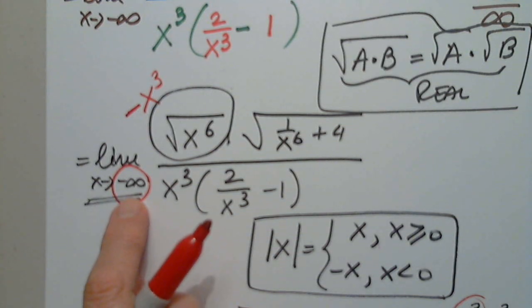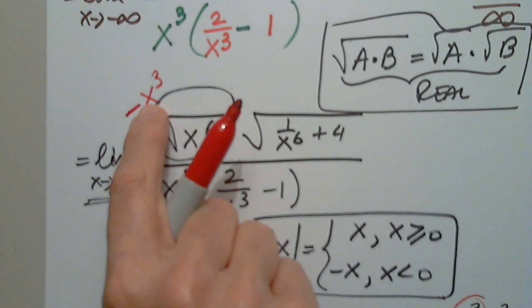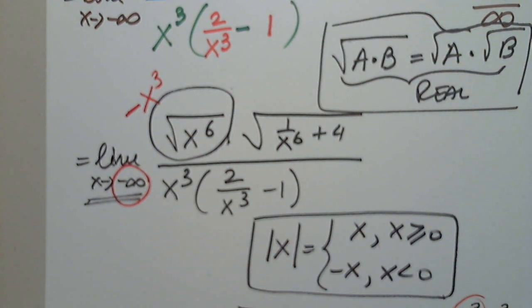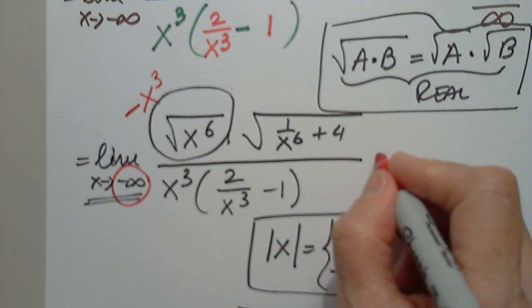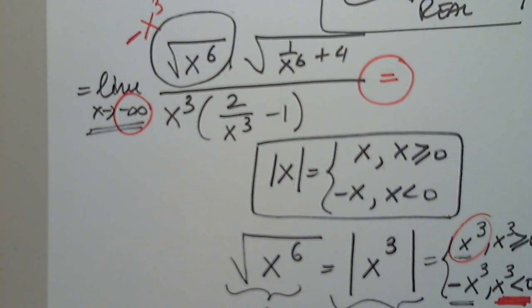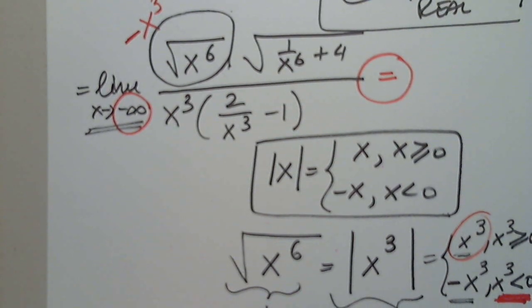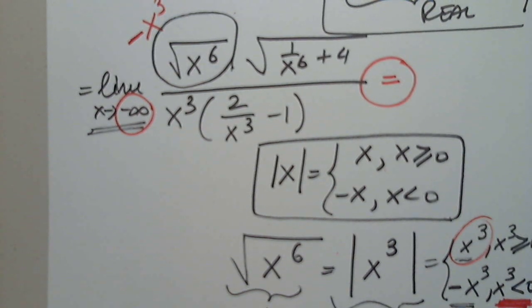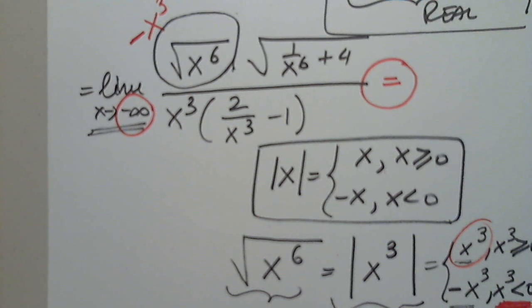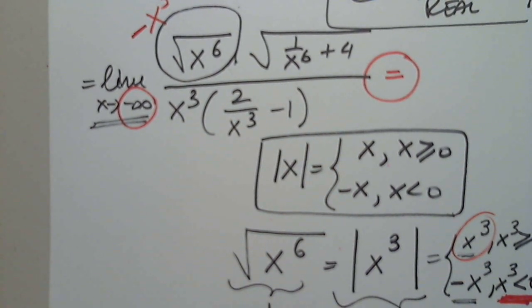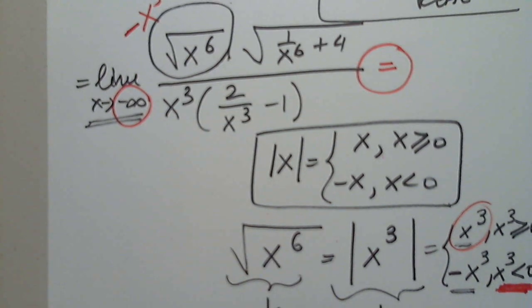But because x approaches negative infinity, a negative in front will guarantee a positive number here. So this means jump over all this and continue here. So this is limit as x approaches negative infinity, negative x to the third, the square root of 1 over x to the sixth plus 4, everything over x cubed, 2 over x cubed minus 1.